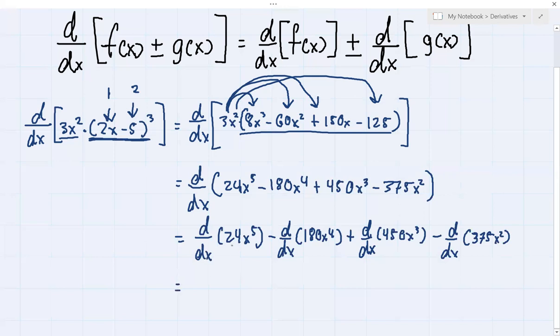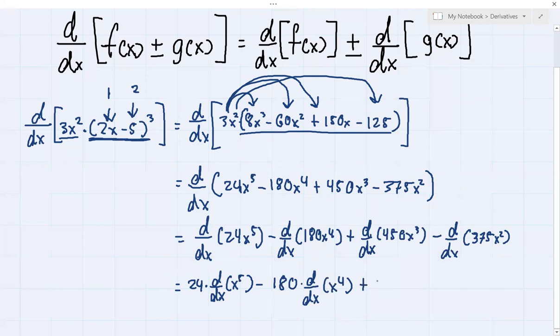So, sa first term, meron tayong constant at algebraic function. So, huwag natin galawin si constant at i-differentiate natin yung katabi niya, which is si x raised to 5. Ganun din, sa second term, meron tayong constant at algebraic function. So, 180 times the derivative of x raised to 4.